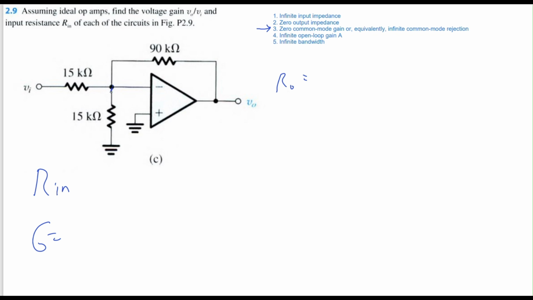What this means is if I were to connect a wire between my negative terminal and my positive terminal, it would have a voltage difference of 0 volts, meaning I lose no voltage between the negative terminal and the positive terminal. And because we have infinite input impedance, this 15 kilo ohms is essentially doing nothing, because notice the positive terminal is connected to ground.